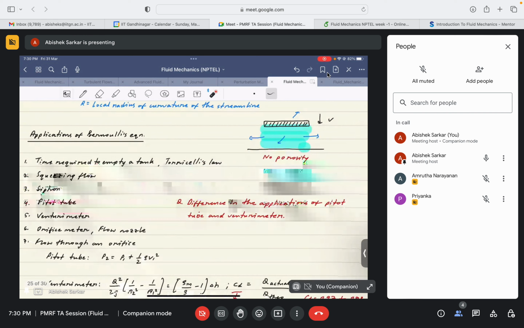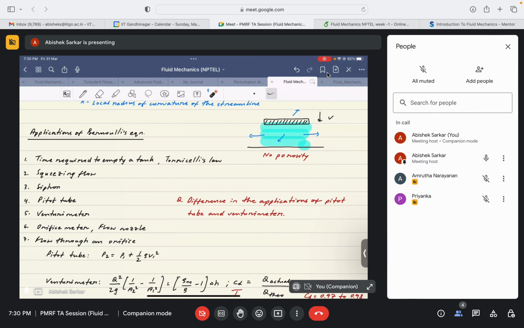And then there's the orifice meter. Could any one of you tell me, first of all, do you know the working principle of the orifice meter? Is the concept clear regarding the orifice meter? Isn't it similar to the venturi meter?